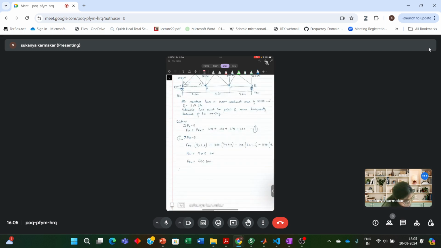So since we need to find the horizontal displacements, the total horizontal displacement will be displacement in bar DE plus displacement in member EF plus displacement in member FR.